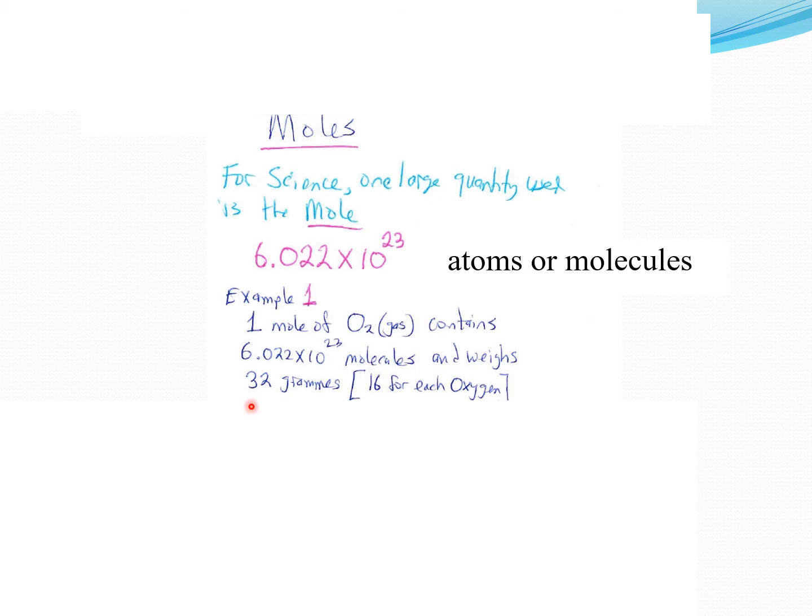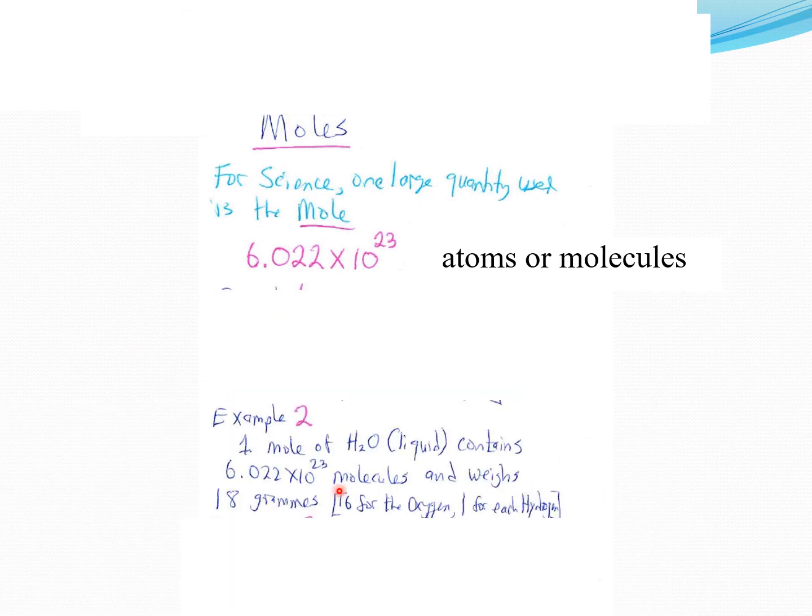If you look up the periodic table, each oxygen is 16. So 1 mole of oxygen gas, O2, is 2 times 16, which is 32 grams. A mole usually weighs the molecular weight in grams, or the atomic weight in grams.